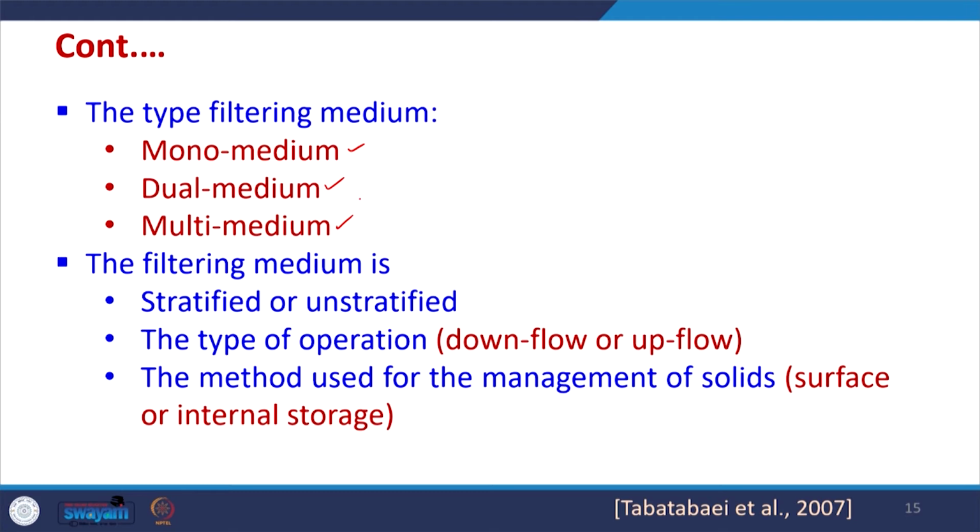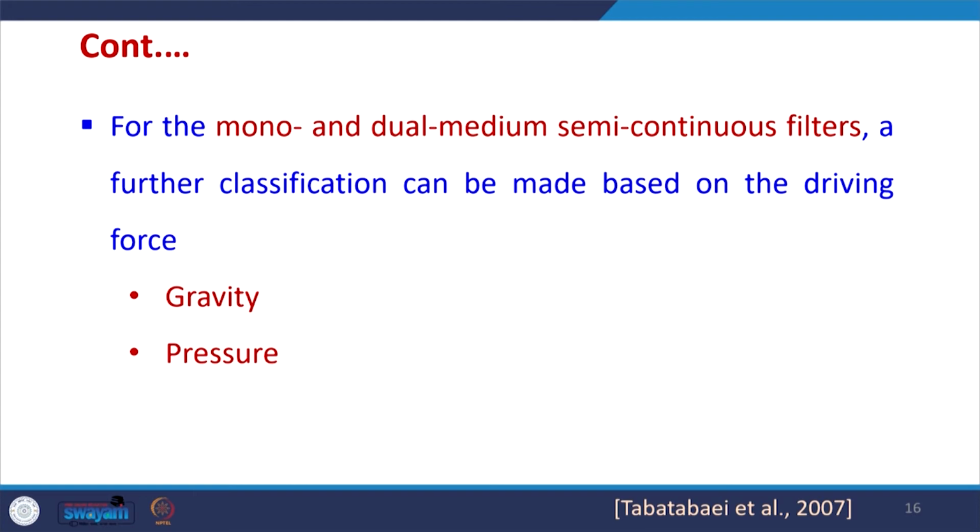The filtering media can be stratified or unstratified. The type of operation may be downflow or upflow. The method used for management of solids may be surface capture only, or some possibility of internal storage may be given. So, these are the different ways in which filters can be classified.